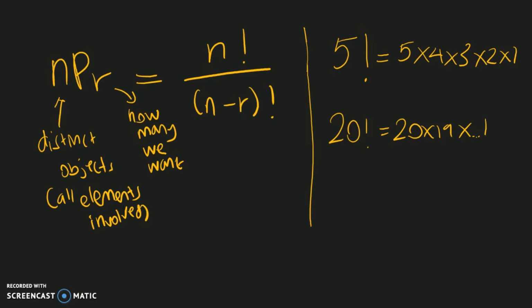Now that leads us to this question over here. This can also be used to determine the number of possibilities of rearranging something. So let's say we have 5 objects, and we want to find the number of ways these 5 objects can be rearranged.